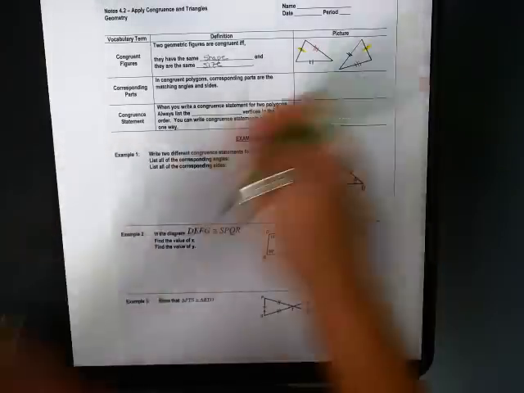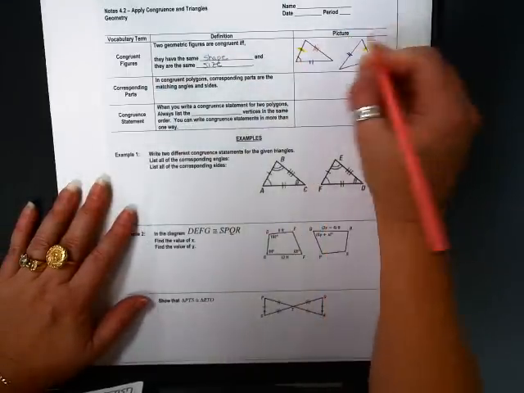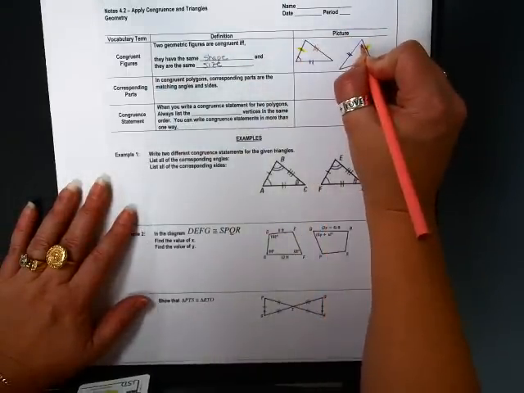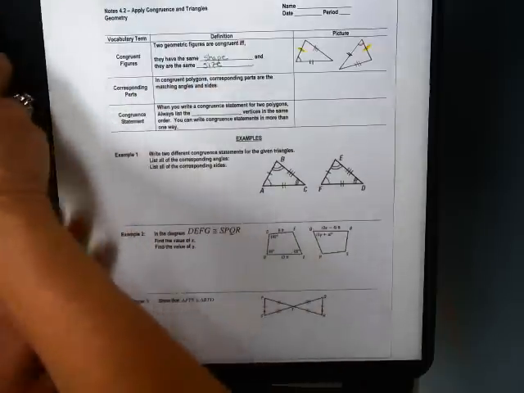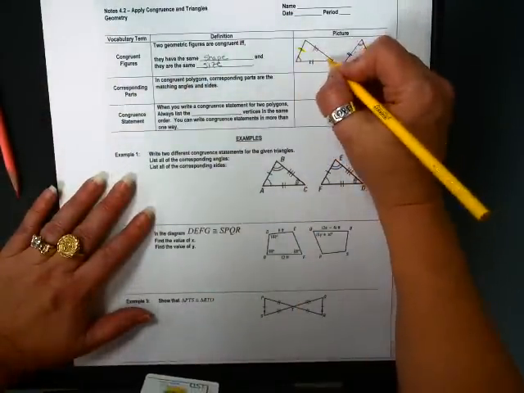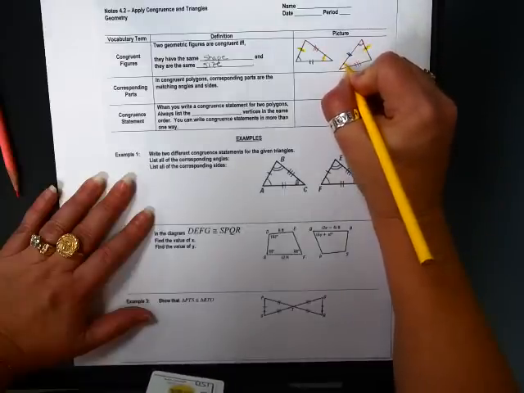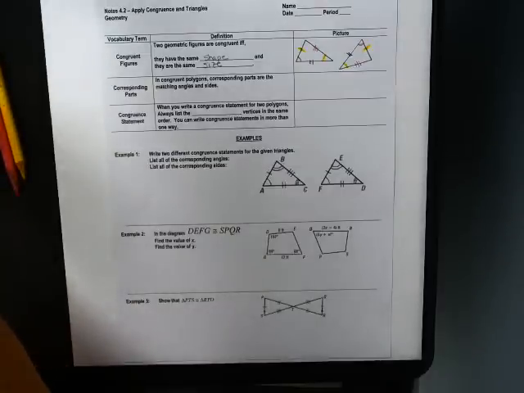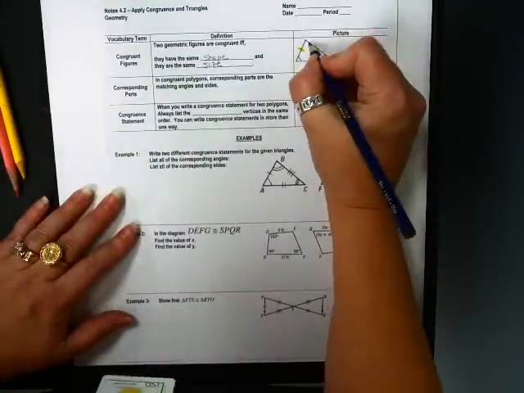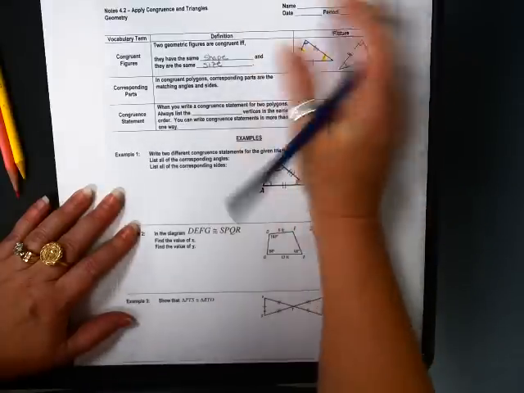I can also show you that this angle here is congruent to this angle here, because I've used a template to draw it. This angle here is going to be congruent to this one, and the last one, this angle here, is congruent to this angle here. Okay.